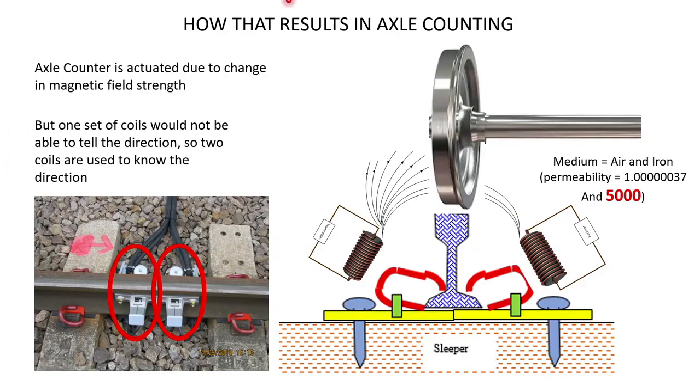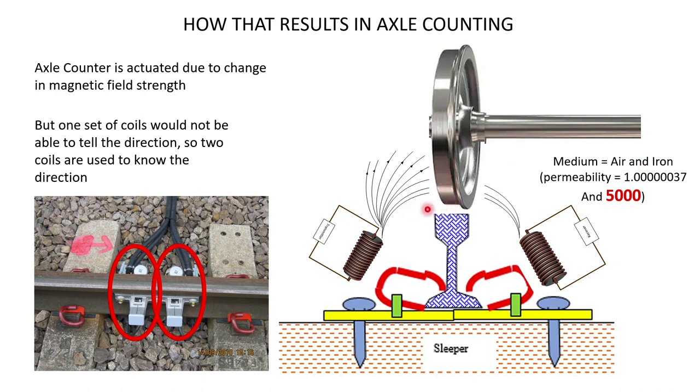But then, as soon as you have a wheel passing over these axle counters, you see that the permeability now is this number, which is for air, and then you also have a permeability of 5,000, which is for iron. What that means is that suddenly you have a material that is super conductive compared to air.